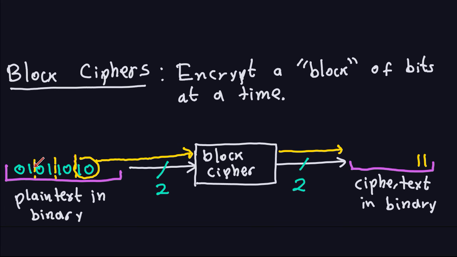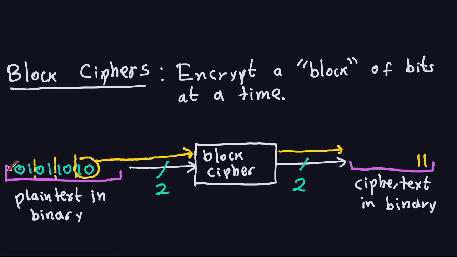I cannot divide it in blocks of 3 and have a complete block. So when that happens, when you cannot divide the plain text exactly into the number of blocks that the cipher requires, there is a process called padding, and that's what we're going to do maybe a lot later in the class. So that's the idea.